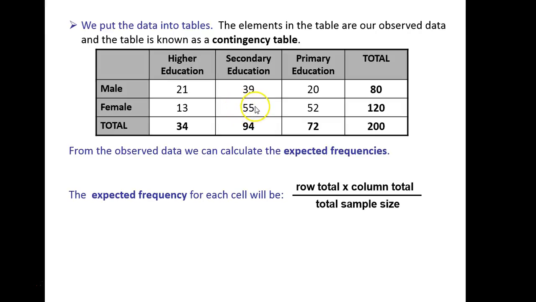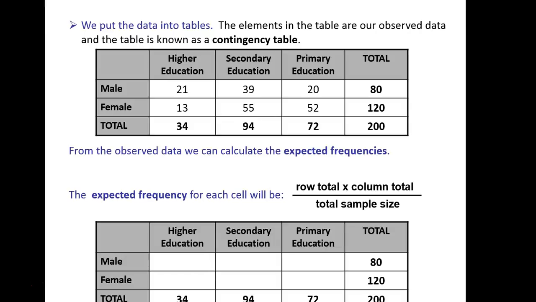So if I look at this box right here, this represents the females in secondary education. So I would do the female total, 120, times the column total, 94, divided by the sample total of 200, and that would give me the expected frequencies for females in secondary education. So that's a way of doing it by hand. I'll show you later how to do this on the calculator.